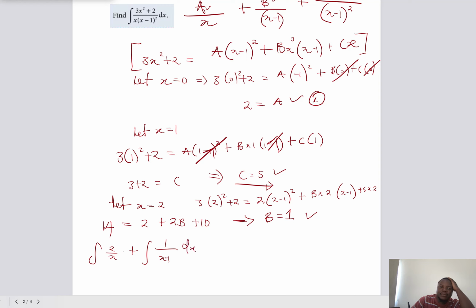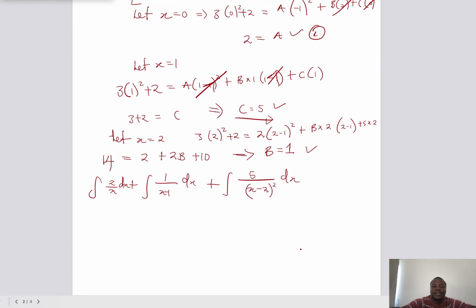All these are integrals in terms of x, plus the integral of c, which is 5 over x minus 2 squared dx. So this now looks much easier to integrate, and we've got the rules that can help us integrate these bottom ones compared to the top that we were given.